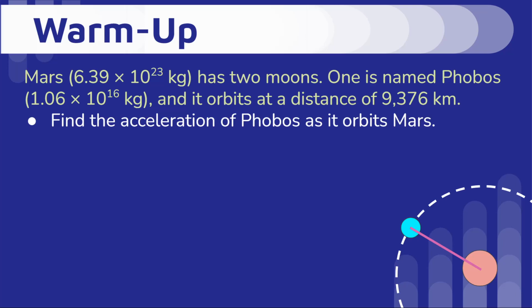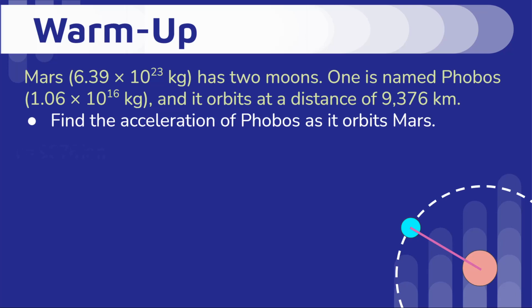Instead, I'm going to have to use the universal law of gravitation to solve for FG, because they gave me both masses and they gave me the distance between them. That's all I need. I can use that information to solve for the force of gravity, and then I can recognize, hey, that force of gravity is my centripetal force because it's what keeps Phobos in orbit. It's the inward force that keeps it in a circle. So we're going to, again, use the two different equations in the same problem.